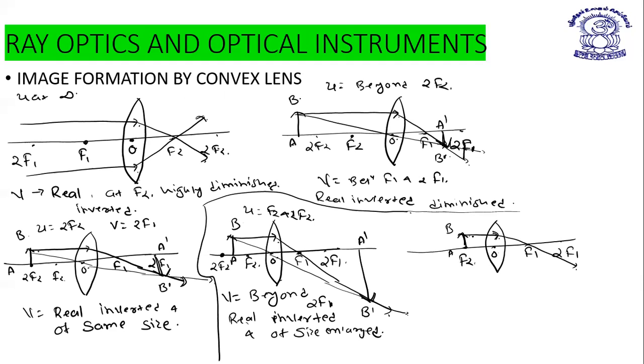Another light ray passed through the optical center will go undeviated. These two refracted light rays are parallel to each other, so they will intersect each other at infinity. So if the object is kept at F2, the image is formed at infinity.